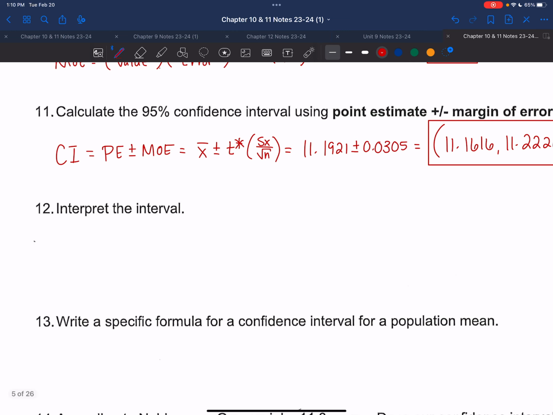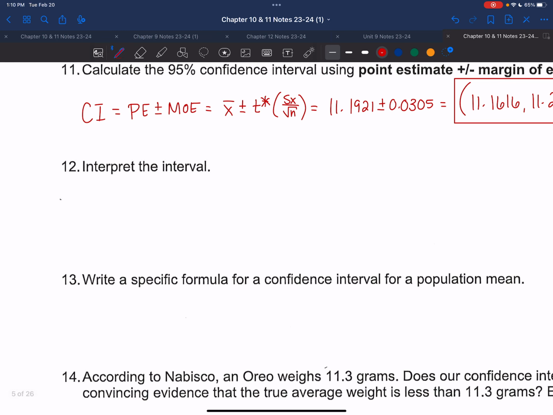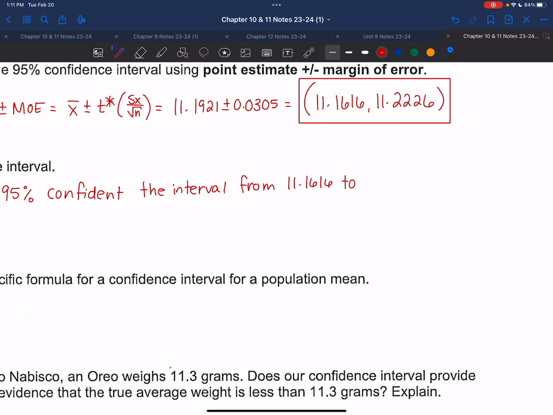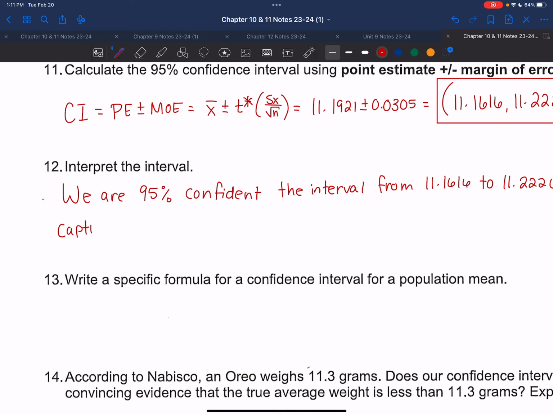All right, now it says interpret this interval. Since we're doing a 95% confidence interval, we're going to say we are 95% confident the interval from 11.1616 to 11.2226 captures the true mean weight (in grams).